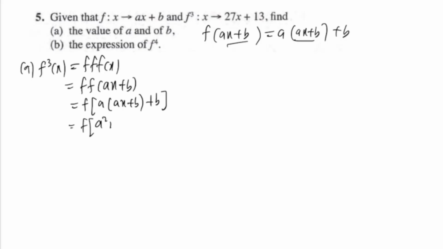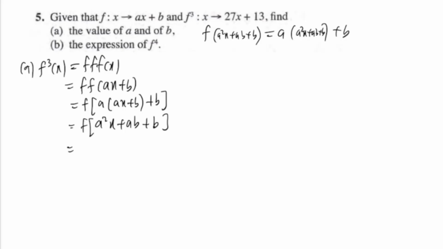This is a squared x plus ab plus b. Now again, this time I'm going to keep this bracket empty like this. This is very long: a squared x plus ab plus b. You're going to squeeze the whole expression inside your ax plus b.